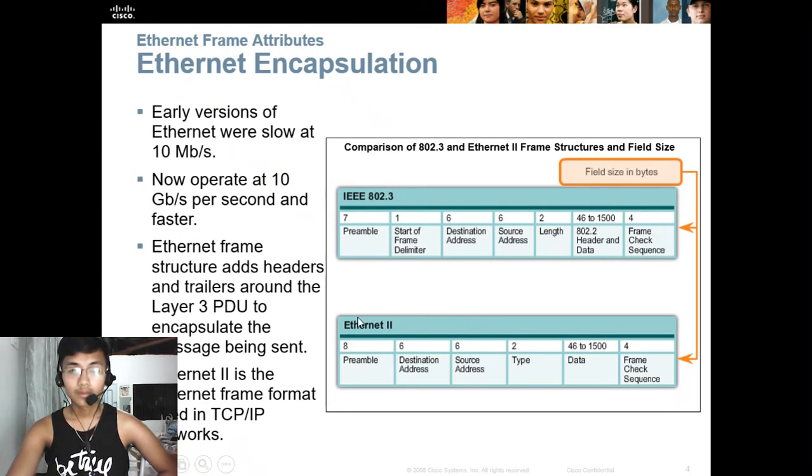For Ethernet II, the preamble has 8 bytes, so it has more bytes than the one in IEEE 802.3.